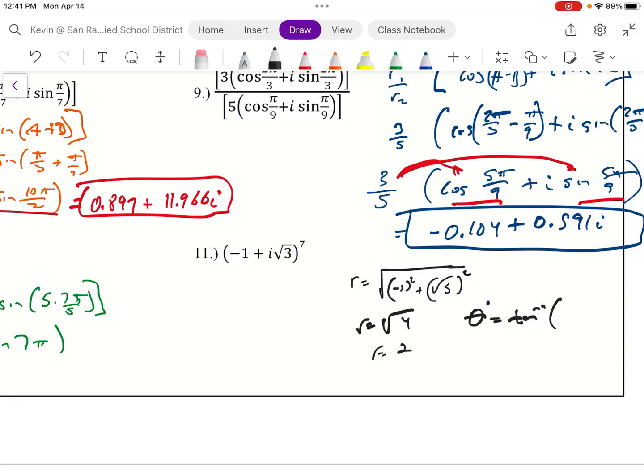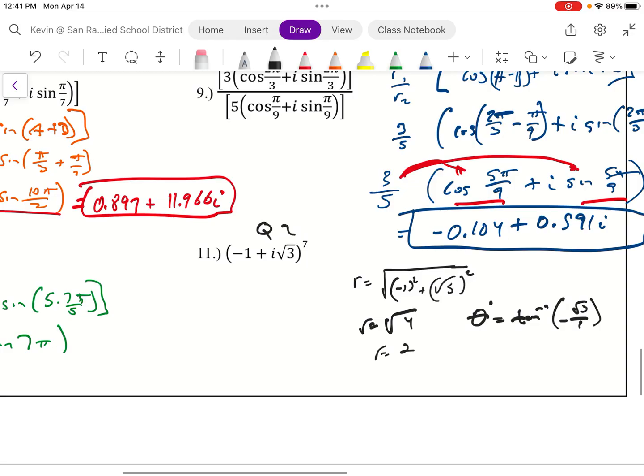Okay, so r equals 2, and then theta prime equals arctangent of negative root 3 over 1. Let's see. We have negative, positive, so we're in Q2. This is Q2.